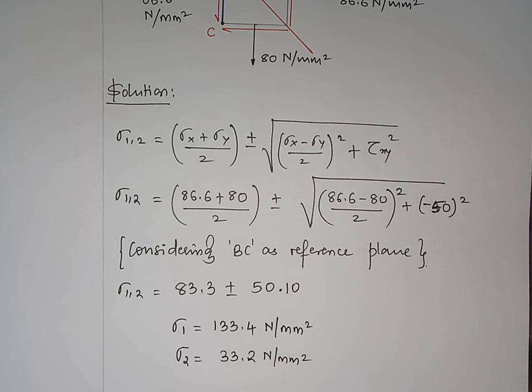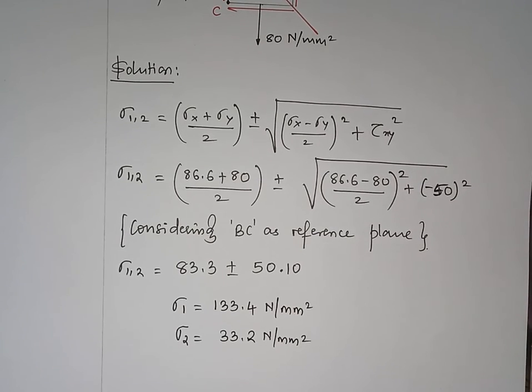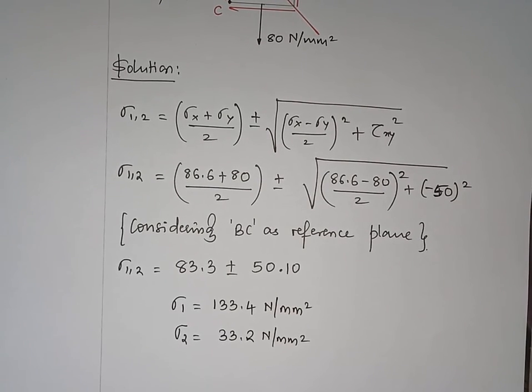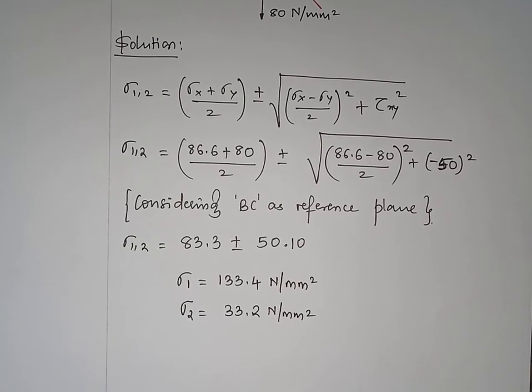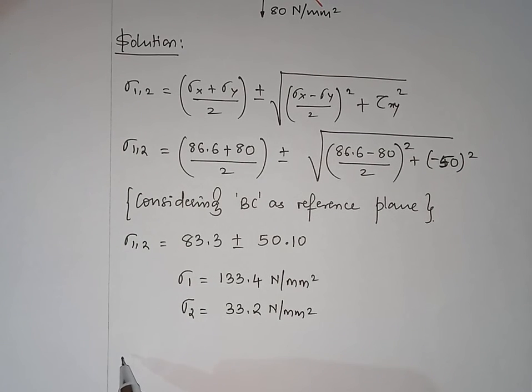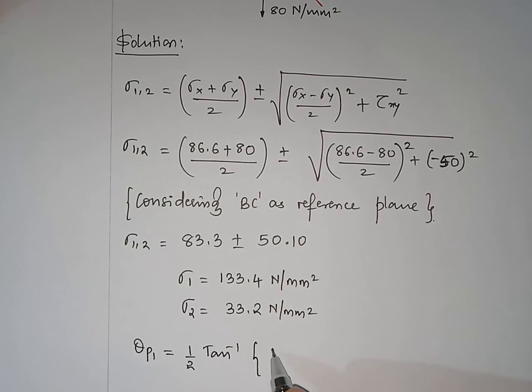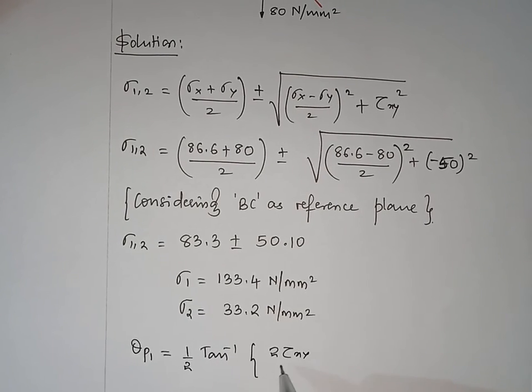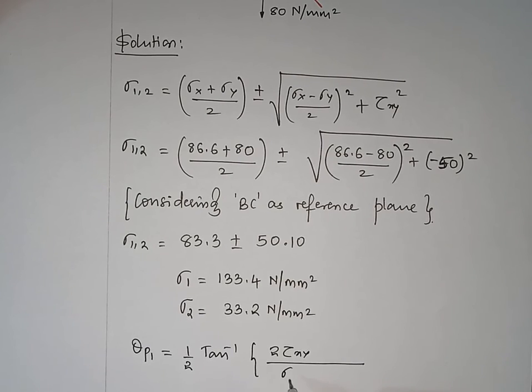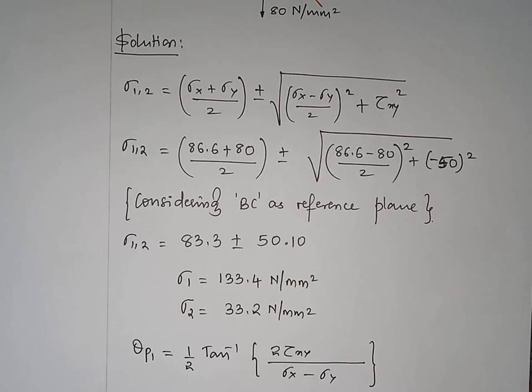So orientation of principal stress, the formula is given by theta P1 is equal to 1 by 2 tan inverse of 2 tau xy divided by sigma x minus sigma y, right? So this is the formula which will give me the value of theta P1.